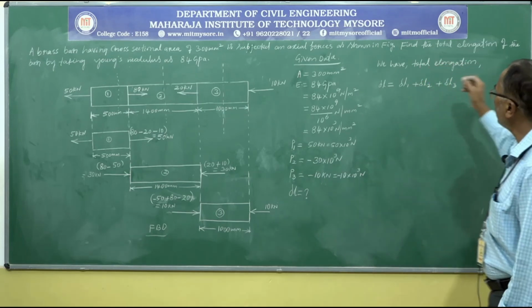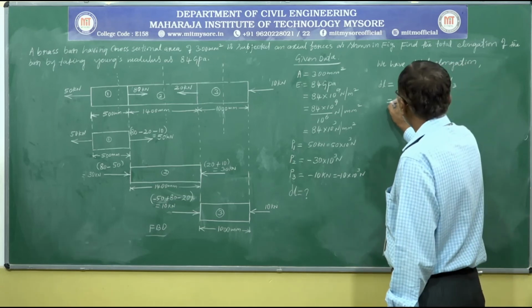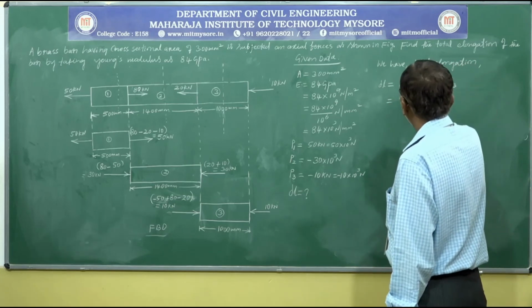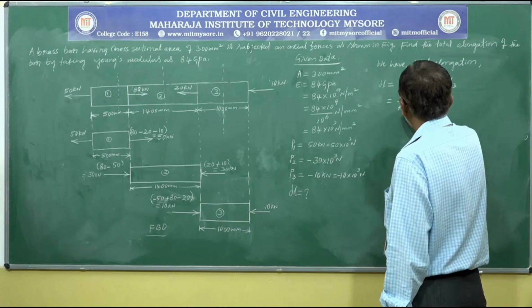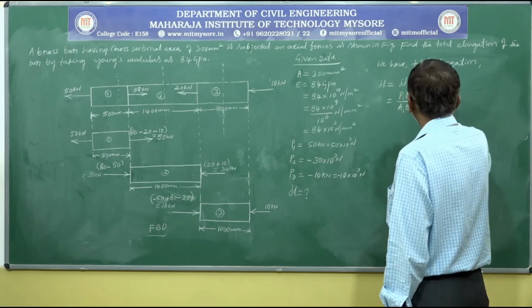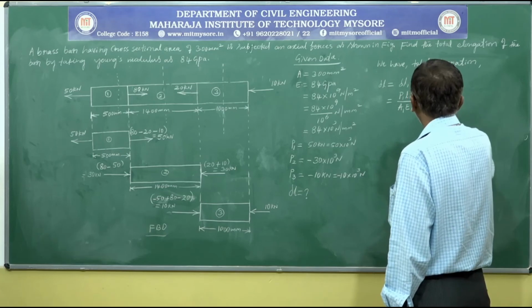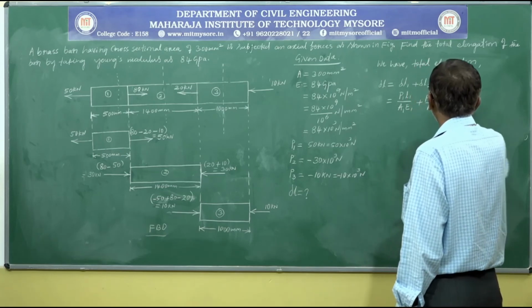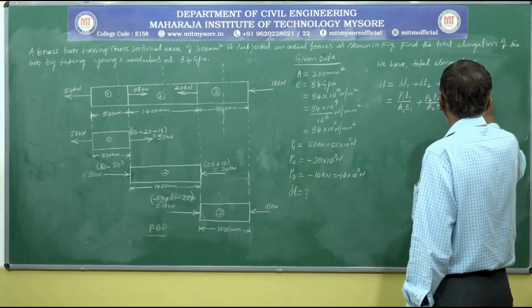This can also be written as P1 L1 by A1 E1 plus P2 L2 by A2 E2 plus P3 L3 divided by A3 E3.